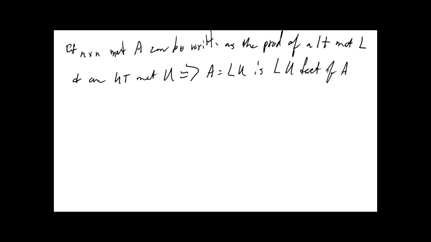Isn't that kind of a duh? If you just said you have a lower triangular matrix and an upper triangular matrix, and if you multiply them together and it makes A, then we call it an LU factorization.